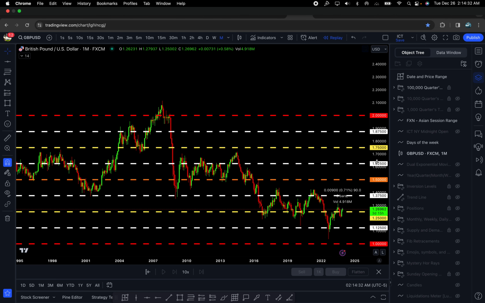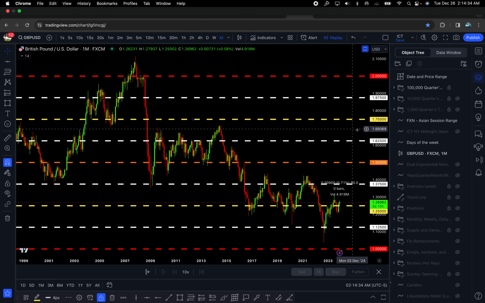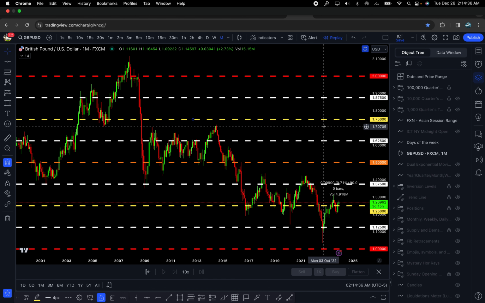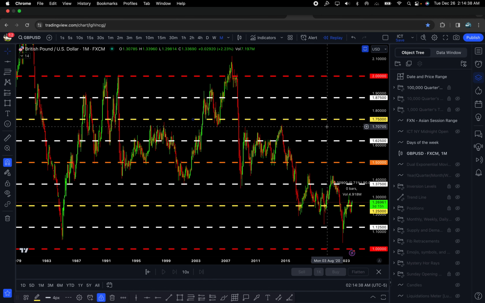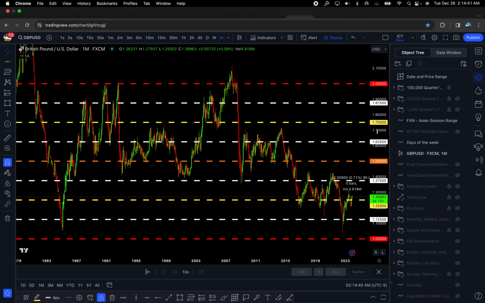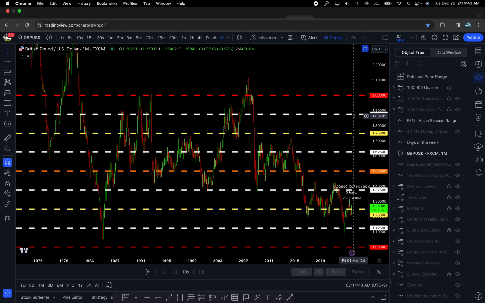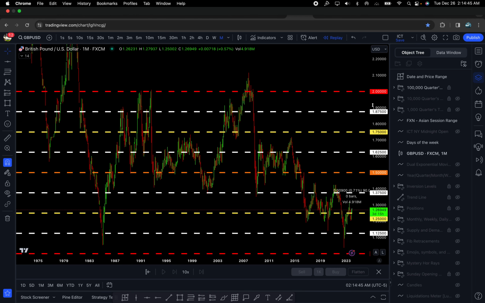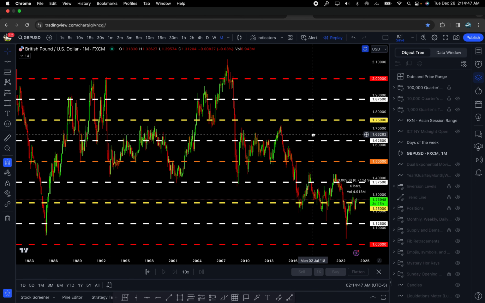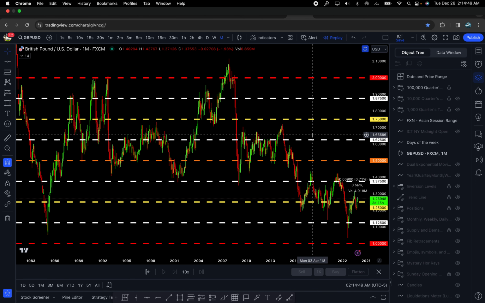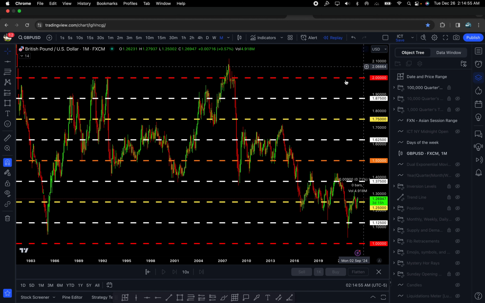I'm just looking at what the market is doing. I follow the market. That is what I do. My goal is to understand the markets and how they behave, what they do.